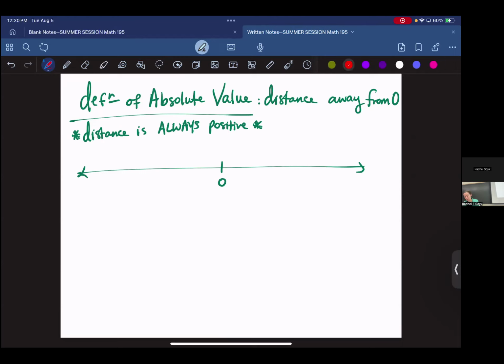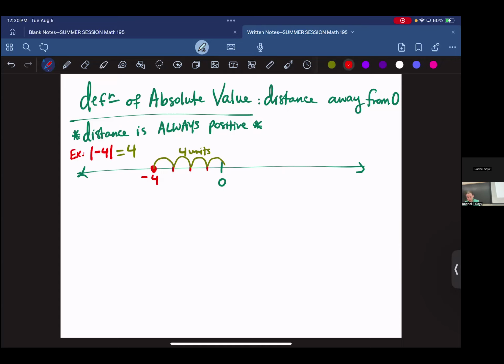And then if we look at an example, okay, the absolute value of -4. 1, 2, 3, 4. This is our -4. How far away is -4 from 0? 4 units. So the absolute value of -4 is +4.